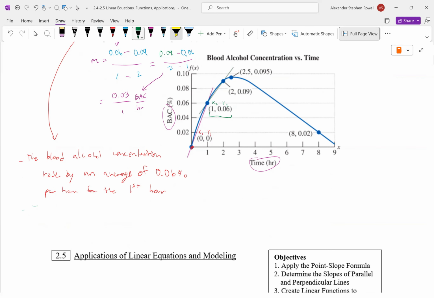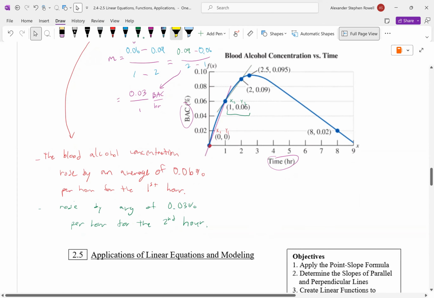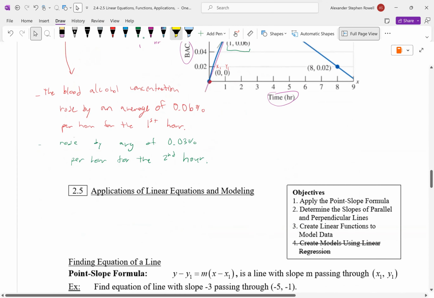We say that the blood alcohol concentration rose by an average of 0.03% per hour for the second hour. So we do this when we don't really care what happens in between. We just care about the average rate of change. You just need to know two values. Any questions about this? Section 2.5, applications of linear equations and modeling.